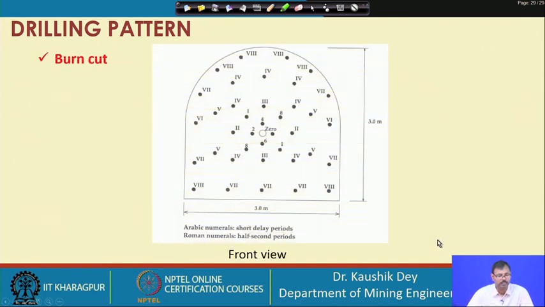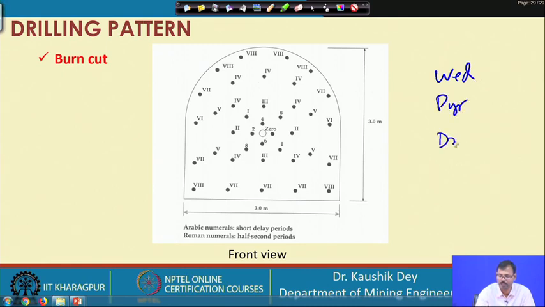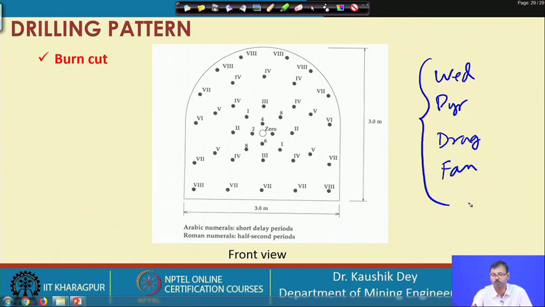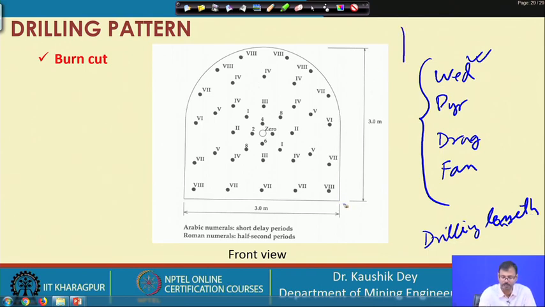Now, let us see the burn cut. So far whatever cut we have discussed, wedge cut, pyramid cut, drag cut and fan cut, all are basically the different formation of wedge cut only, and as we have discussed during the wedge cut, the main drawback of the wedge cut is that the drilling length is basically governed by the dimension of the cross sectional area, otherwise these wedges cannot be formed.